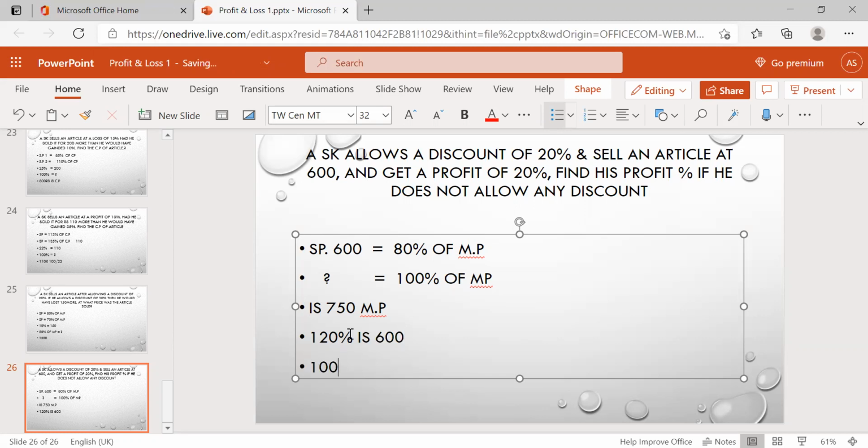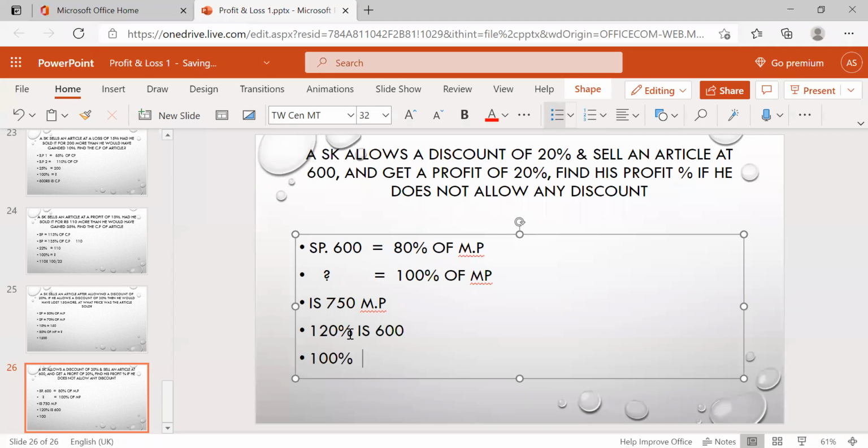Now what is 100%? 120% is 600, so 10% is 50 rupees, and 100% is nothing but 500 rupees. I'm not doing the whole calculation, just understand how we are going to do the calculations. Now 100% is 500 rupees.